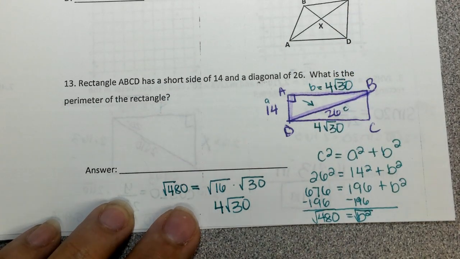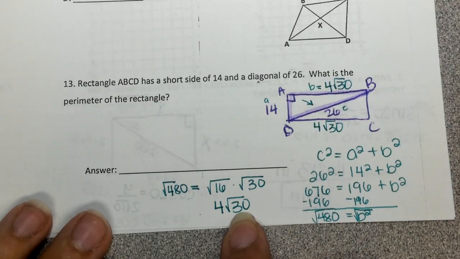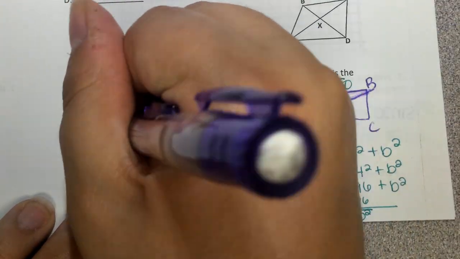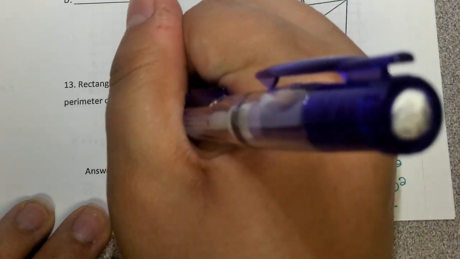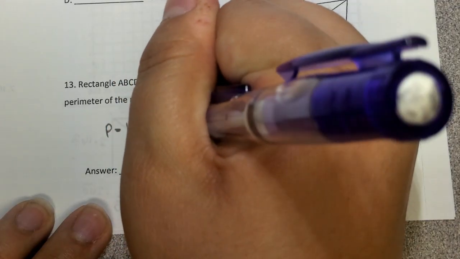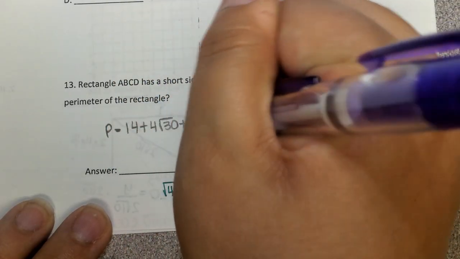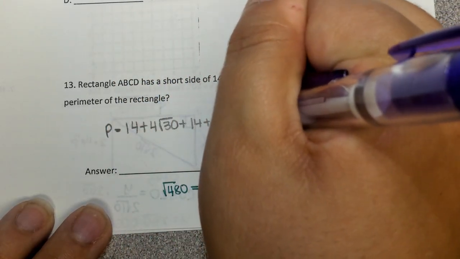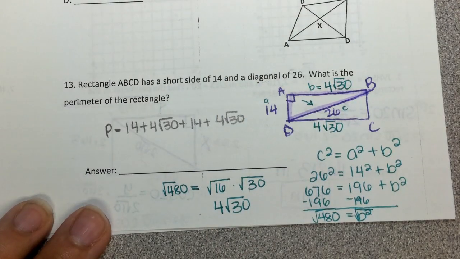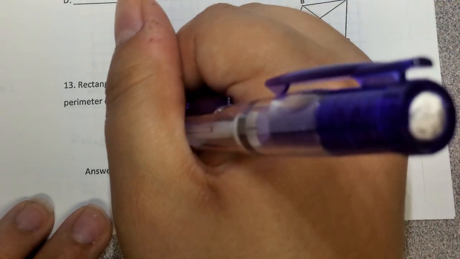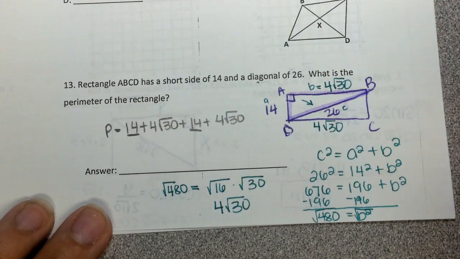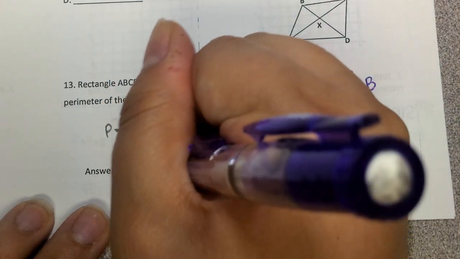So, what am I looking for here? Is that my answer? Perimeter. How do I find the perimeter if I add 14 plus 4 root 30 plus 14 plus 4 root 30? Add the like terms. What is 14 plus 14? 28.